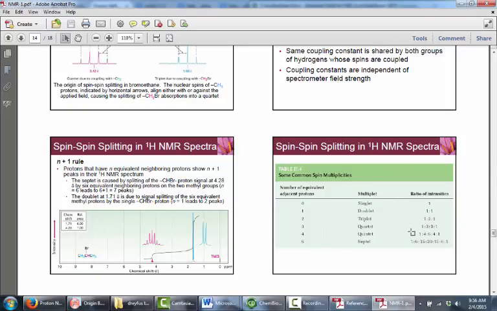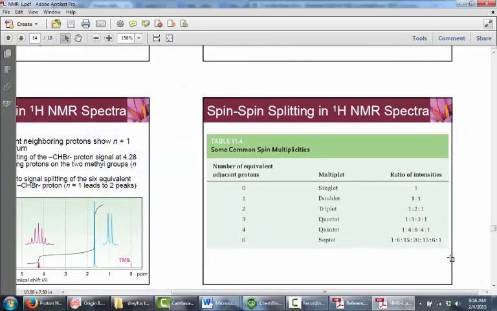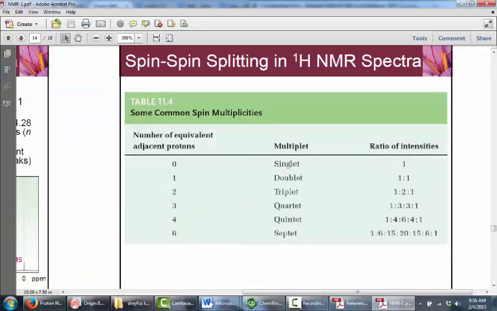And here what I'm going to show you is what the ratios of the intensities are. So we've looked at the doublet and the triplet and the quartet. This again depends on the spin alignments of the neighboring protons, but you can see that up to a quintet or a septet, the intensities of the signals depend on the different arrangements of the spins on the neighboring carbons.